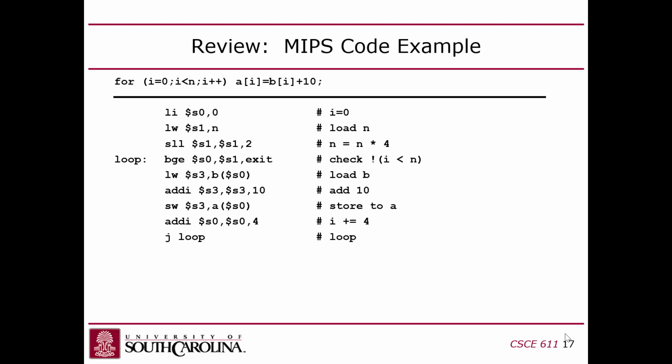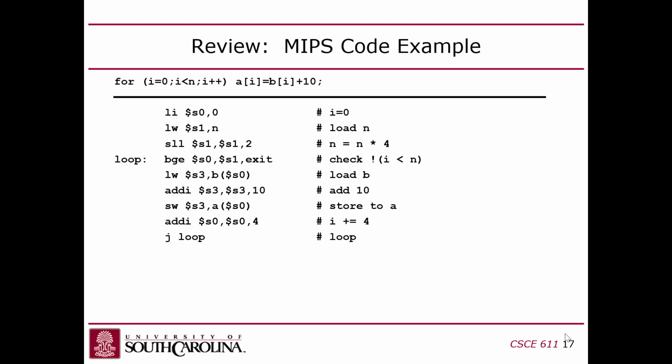So A and B are static variables here? Because they have a fixed address? Yeah, I'm trying to remember. Yeah, in this case I'm using B and A as symbols. Now, these would be converted to pseudo-instructions, because how do you specify a symbol in machine code?